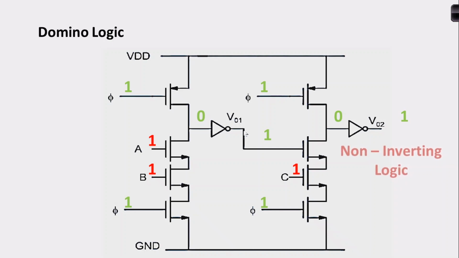So in order to overcome that, they introduced an inverter in between the series, and that overcame the problem we were facing with dynamic logic. They named it domino logic, but its output was a non-inverting logic. That means I'll be getting AND gate or OR gate, and I won't be getting NAND or NOR. So these are the different logics we have.